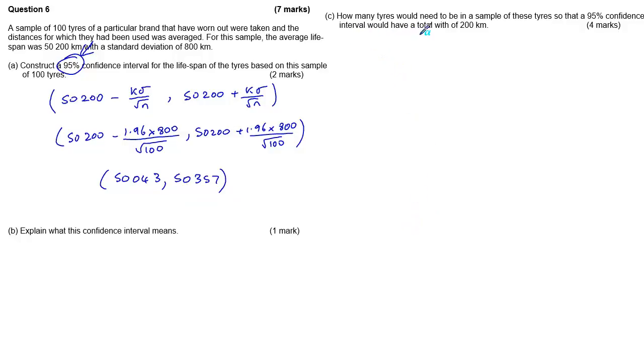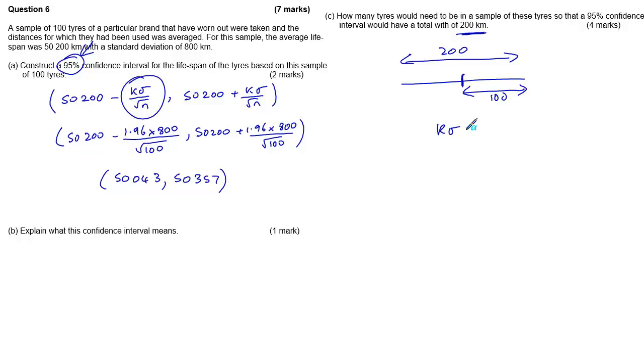How many tyres would need to be in a sample of these tyres so that a 95% confidence interval would have a total width of 200? So a total width of 200, so if this is 200, means that we go up and down by 100 from the centre. So we want K sigma over root n to be equal to 100.